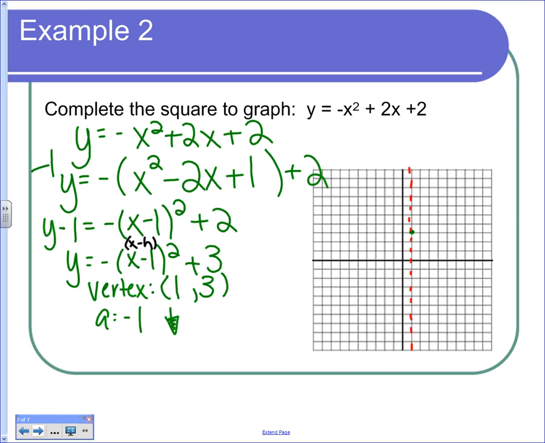Coming back to the one they gave us. So what other point does that give me? Okay, if you plug in negative 1. Negative 1 minus 1. Squared. But it's really negative 4 plus 3.